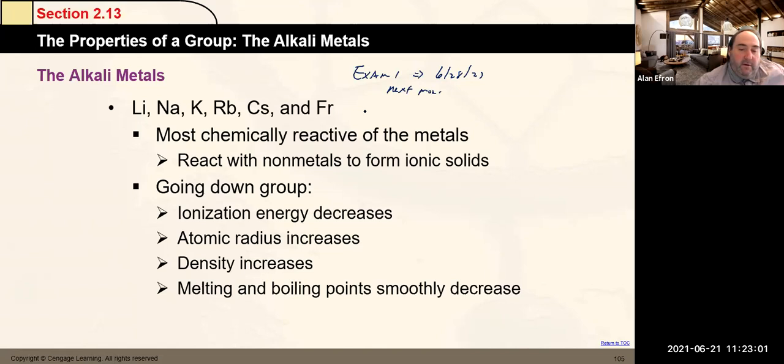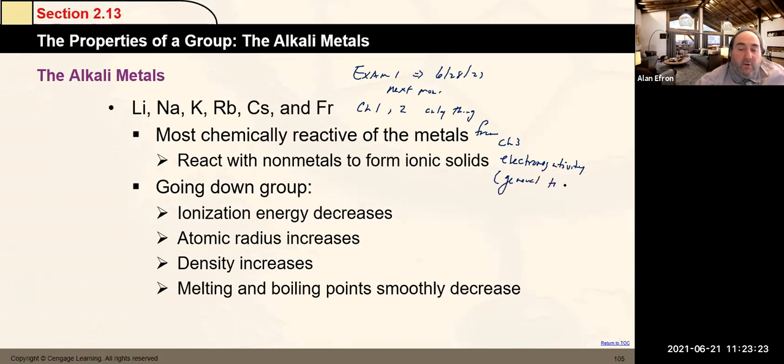Again, it will cover all of chapter 1, all of chapter 2, and the only thing from chapter 3 that you need to know is electronegativity. And what you need to know is what we talked about today with it, which is just the general trend.